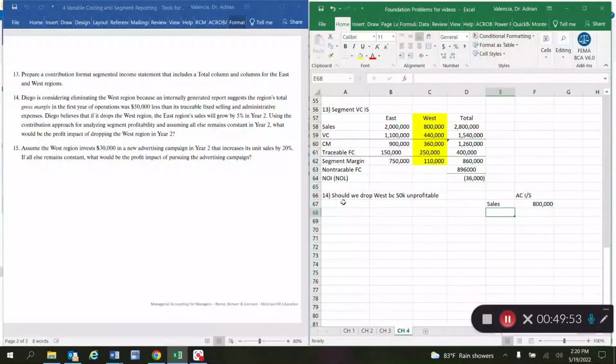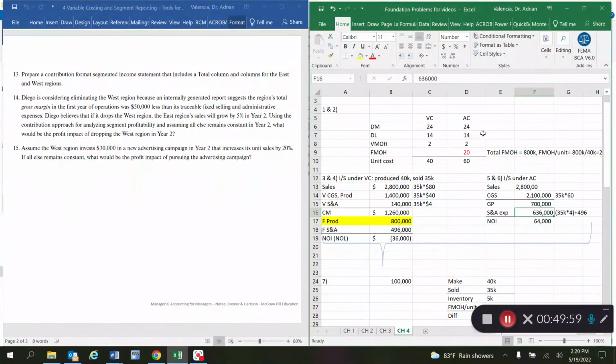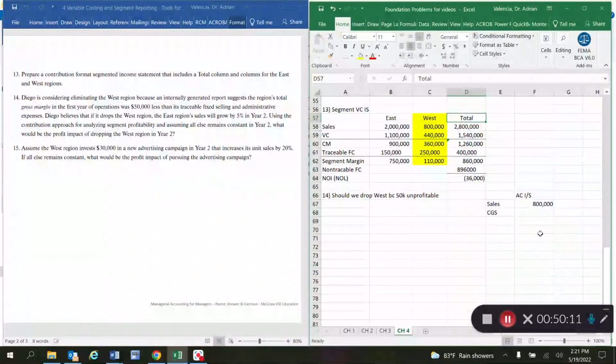And then if we get the cost of goods sold, based on the original data here, meaning absorption costing, the absorption costing cost per unit is 60. So cost of goods sold is based on 10,000 units times 60.